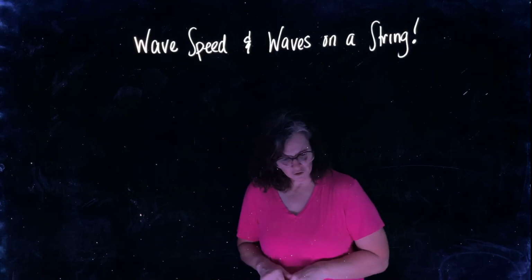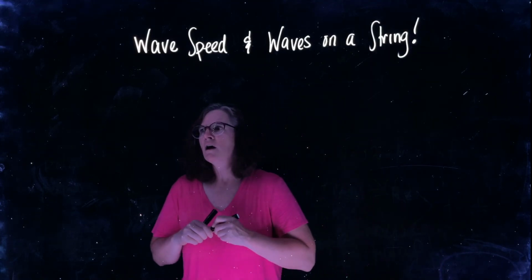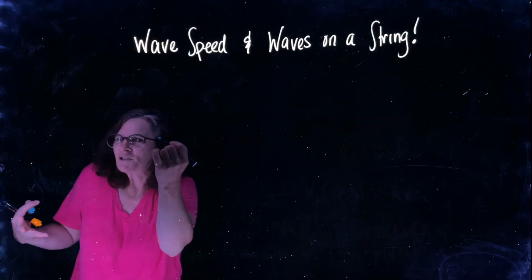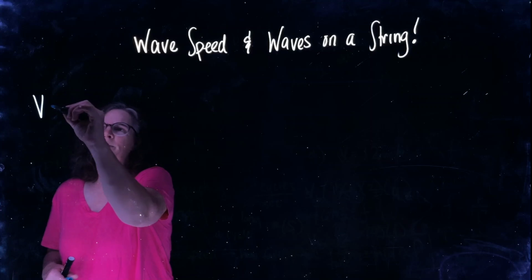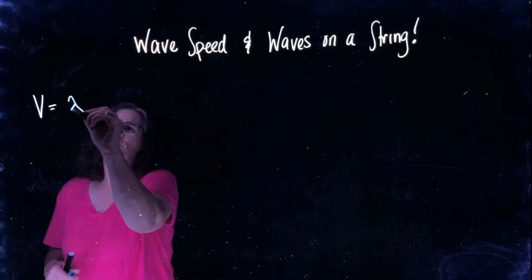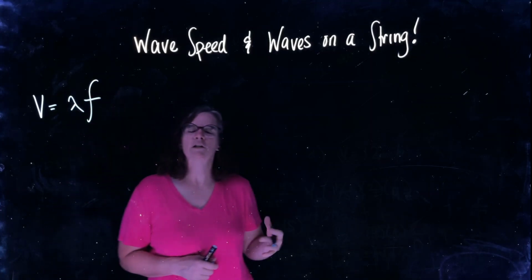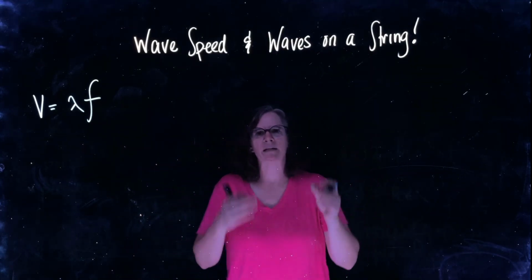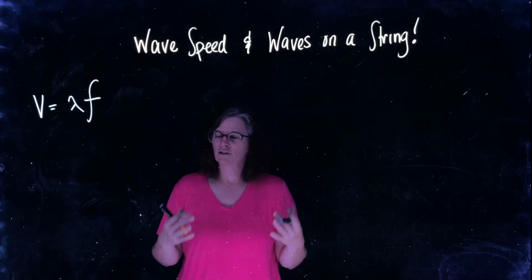All right, so we learned in our previous discussion of wave characteristics and properties of waves that the wave speed is related to the wavelength and the frequency of the wave. The wavelength being how long that wave is, the frequency, how many cycles per second that wave is traveling.